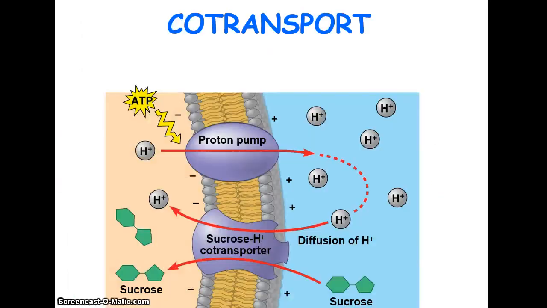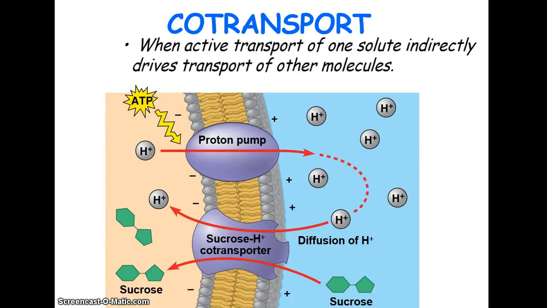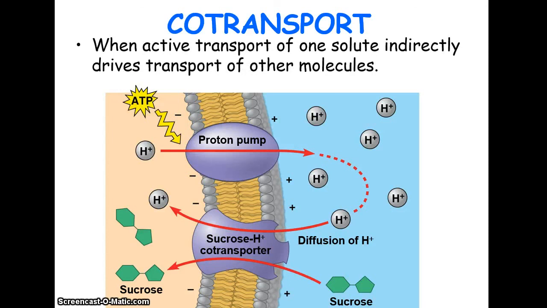So, the next thing here is co-transport. Now, co-transport is where you have a molecule, and for example, in this diagram, you have sucrose. Now, sucrose itself does not require energy to get into the cell.